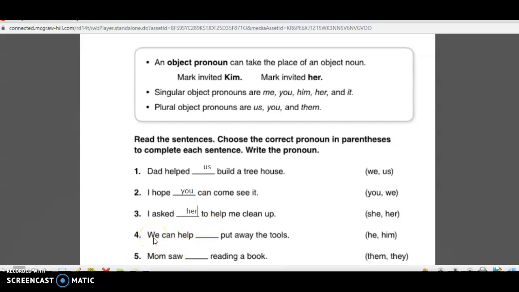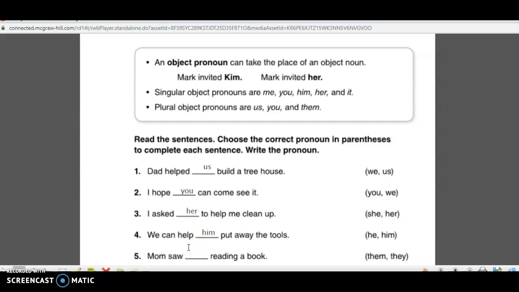For number 4, we can help. We should have used the object pronoun him. Oops, did not type it in. There we go. Him. We can help him put away the tools. For number 5, Mom saw, and we're going to replace with an object pronoun because this is not part of the subject.